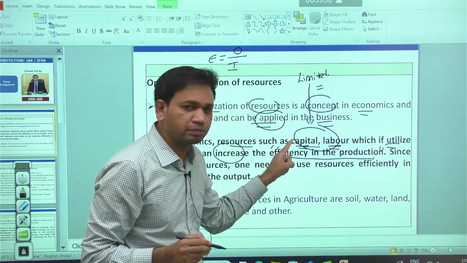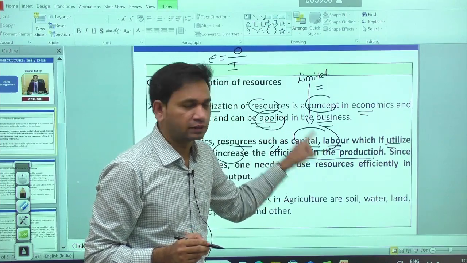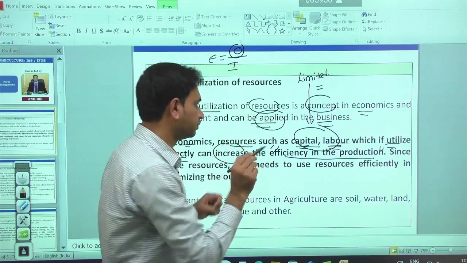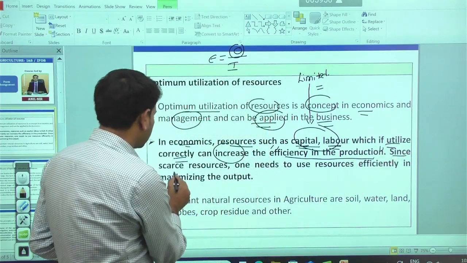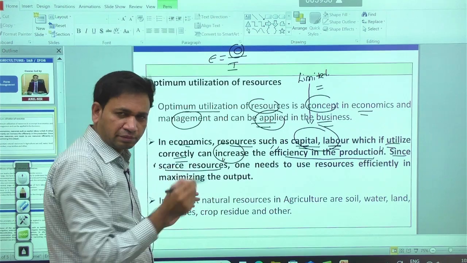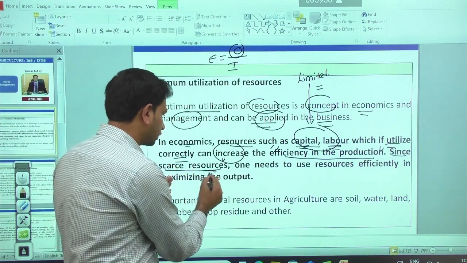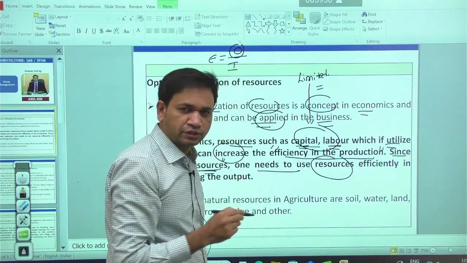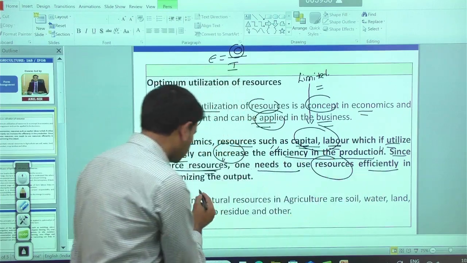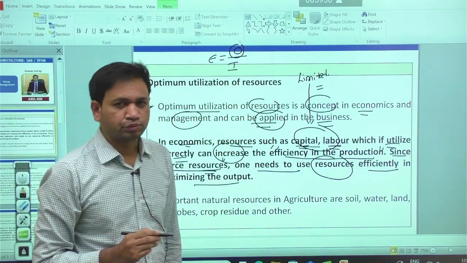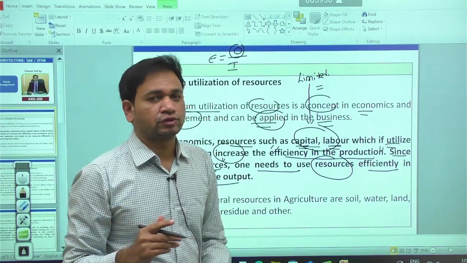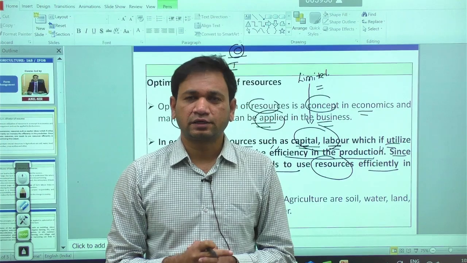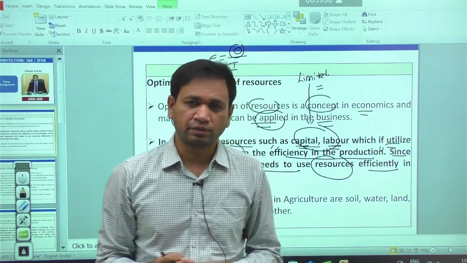So when capital and labor are properly utilized, more output in the given piece of land is possible. Since resources are scarce, meaning limited, one needs to use them efficiently to maximize the output. When output is maximized, profit can increase, and ultimately the doubling of farmer income can be possible.